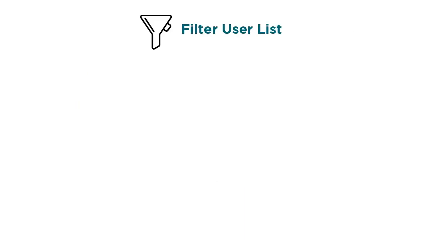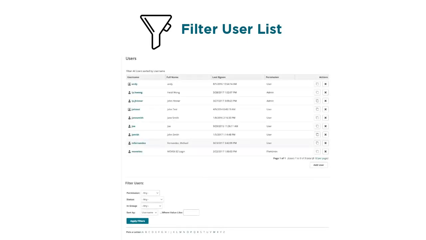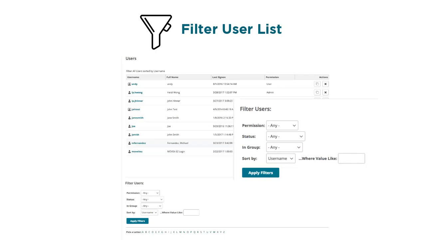When looking at the user page, you can identify groups of users by using a filter. The filters will target the users that you're interested in. The filter options appear at the bottom of the list of users, and each of the filter options have a drop-down menu to choose values and apply to the way that you see your users inside MOVEit Transfer.